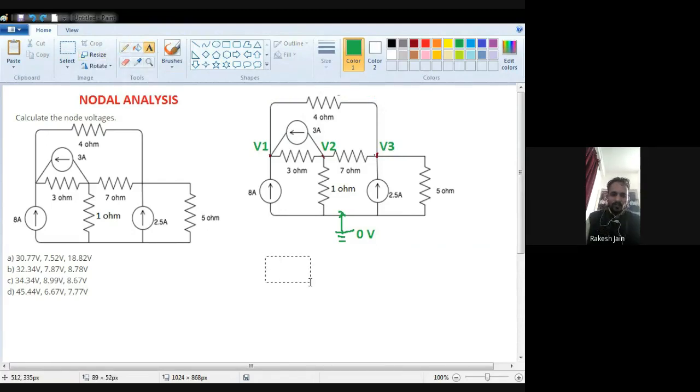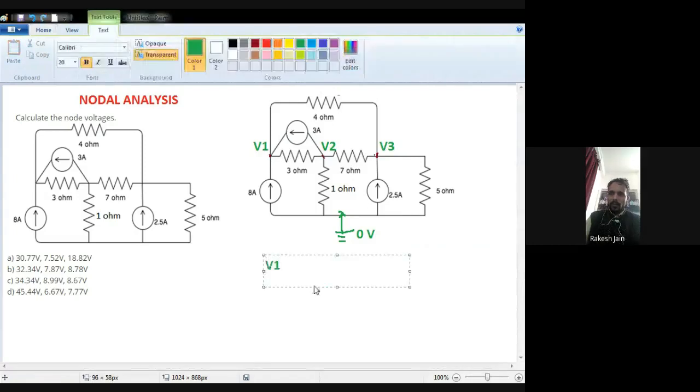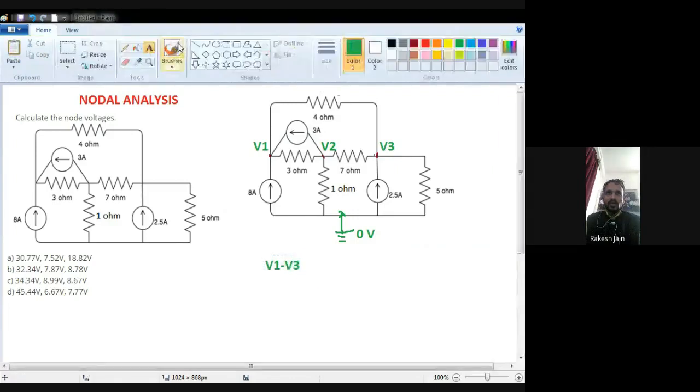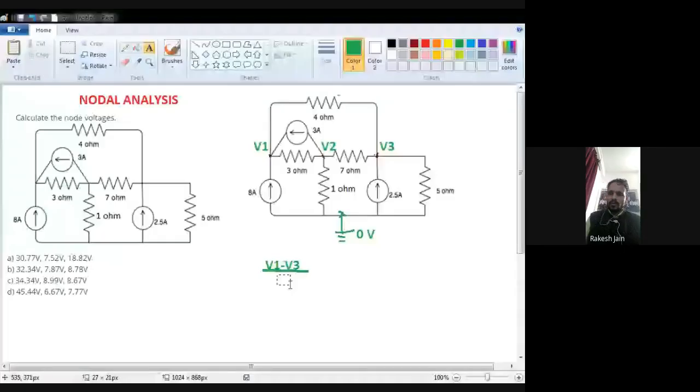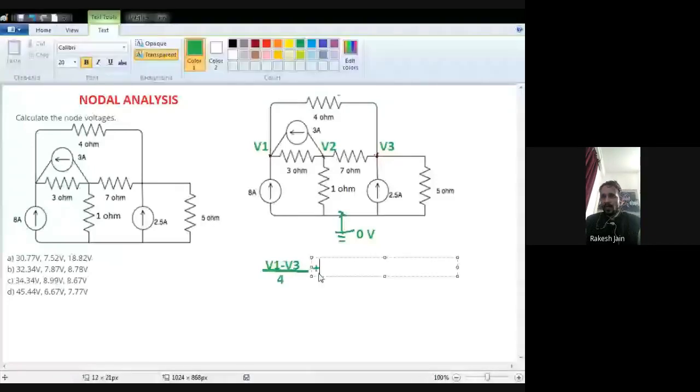So my node is V1, and I write V1 with positive sign, minus the other node voltage, V3, divided by the value of the resistance for which we are writing the equation. So we are writing the equation for the 4 ohm resistance here: V1 minus V3 upon 4.